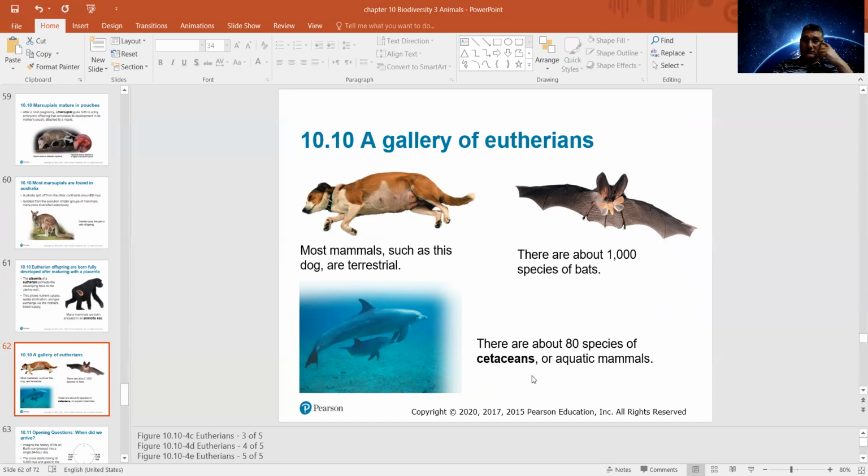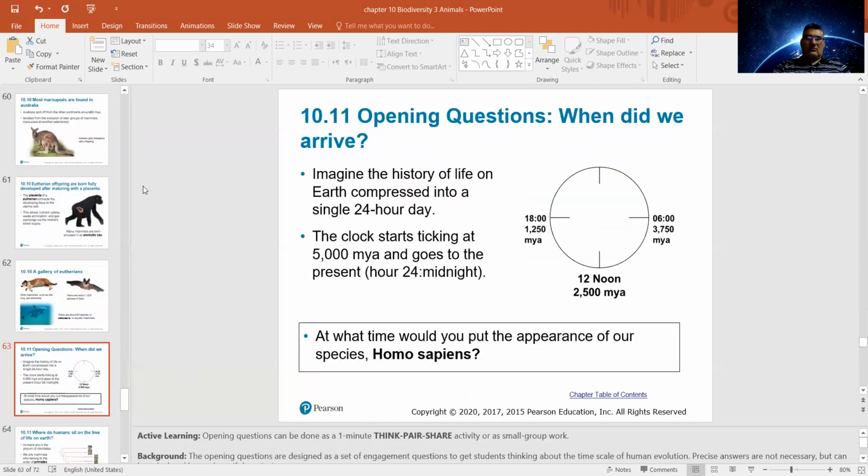The aquatic mammals, something like a dolphin, they also have placenta, like cetaceans. So now we are coming closer to humans.